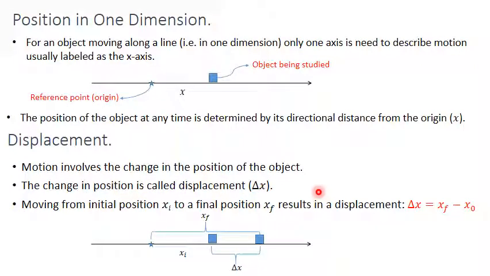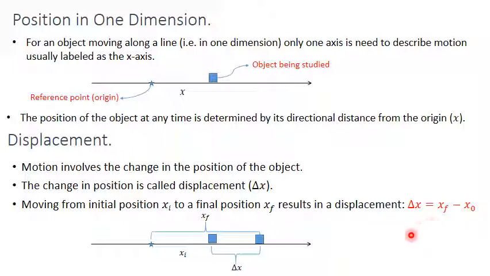For anything that changes, we're going to use the symbol delta, the Greek letter delta, to describe it. So the change in position is described by delta x. If the object was at x initial here, and then it moved to x final, there is a change in position, a displacement delta x, and delta x is x final minus x0, or x initial.